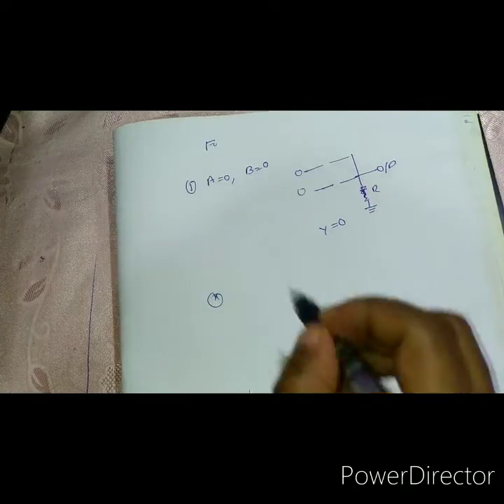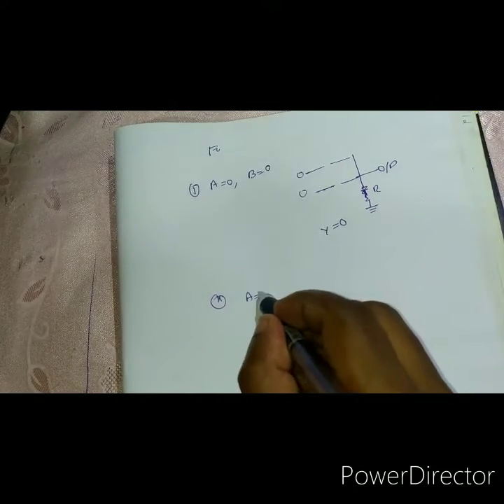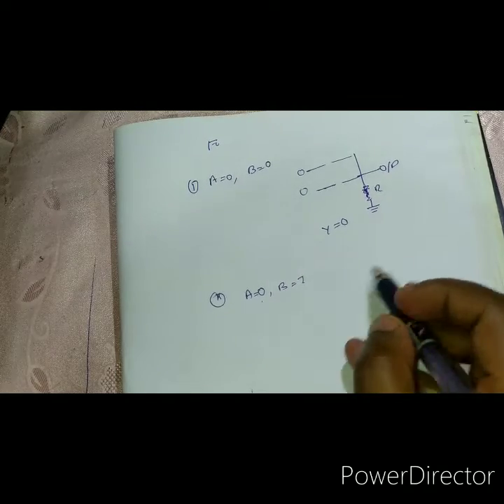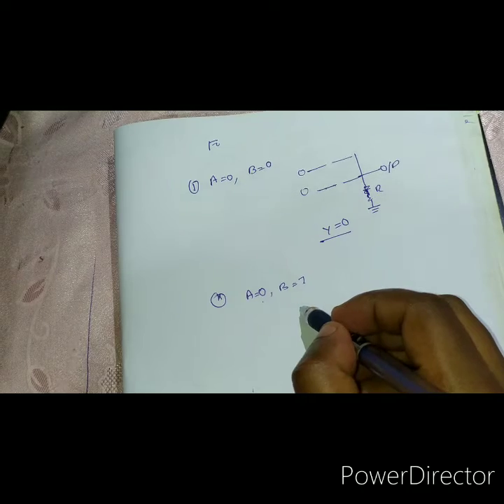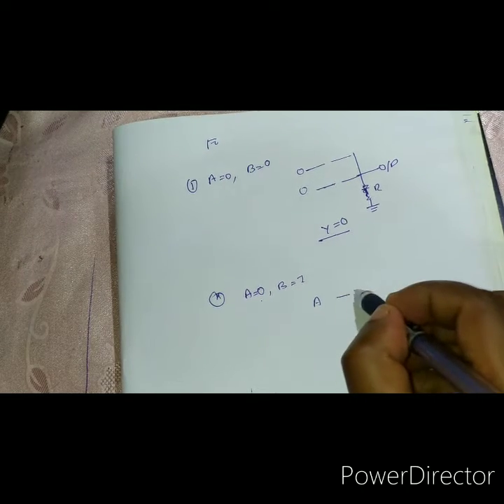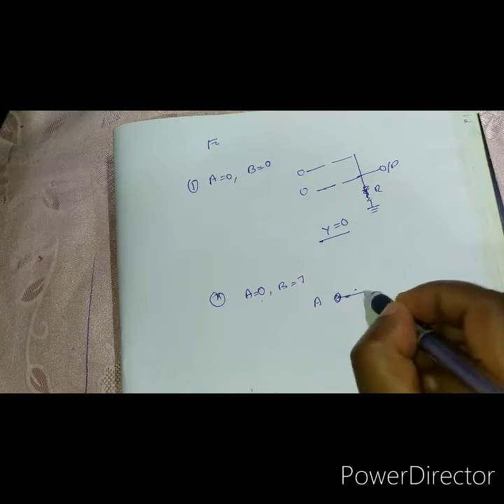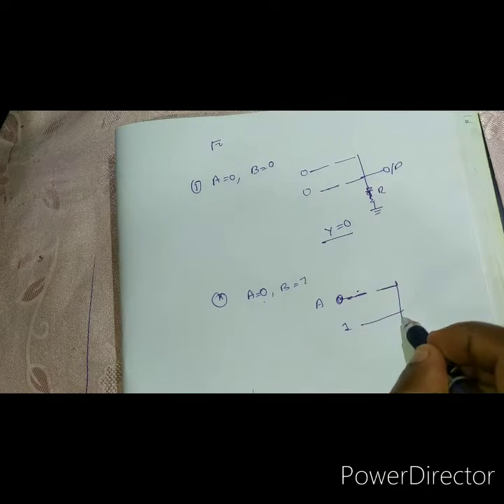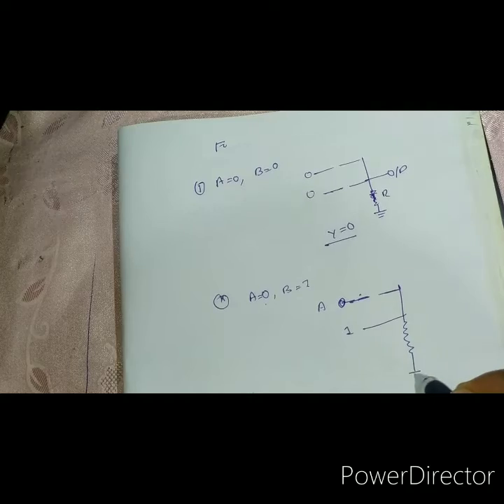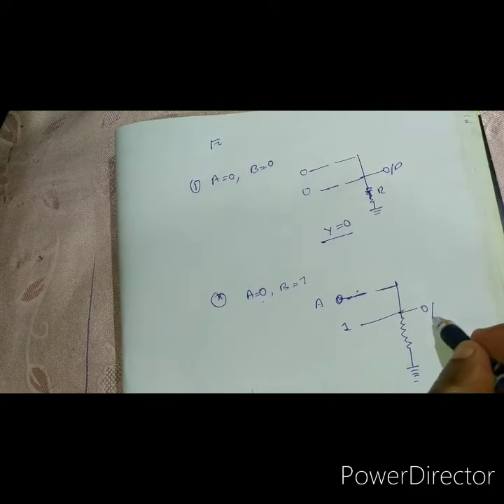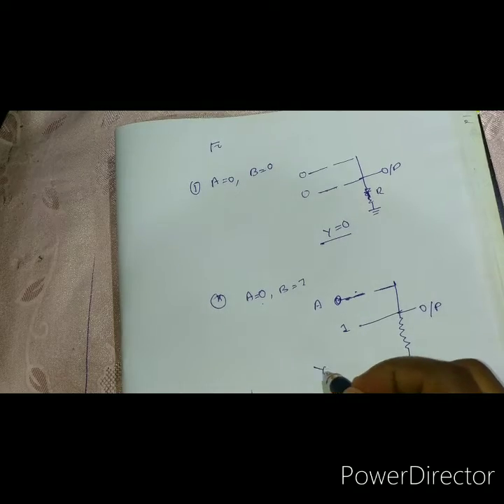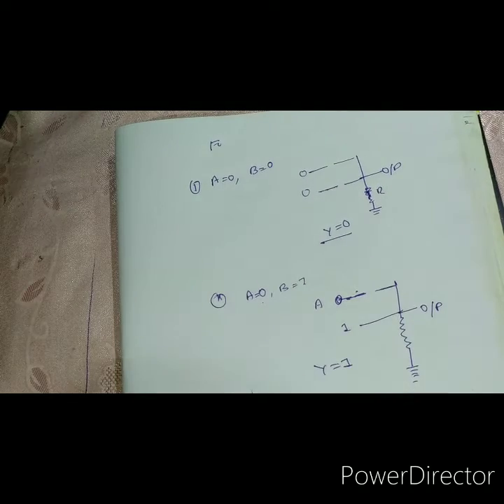And if we consider A is 0 and B is 1, that is A is low and B is high. For this A is 0, which means that diode is open for 1. This is open circuited. So for this Y is equal to 1.